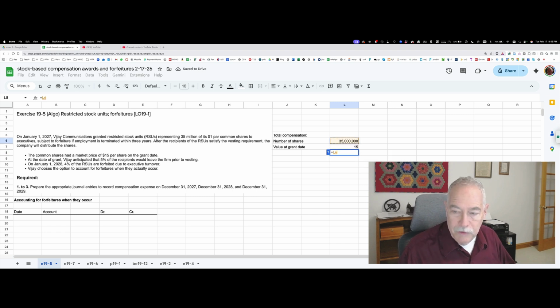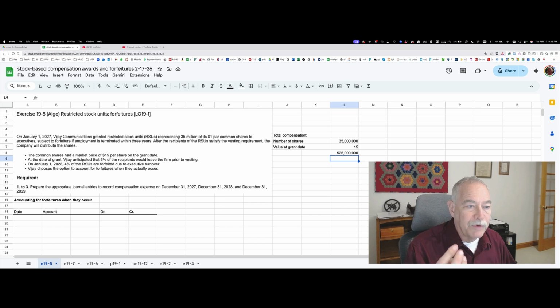So we multiply the 35 million times $15 and we get 525 million. And these are going to be earned over the course of 3 years, 27, 28, and 29.